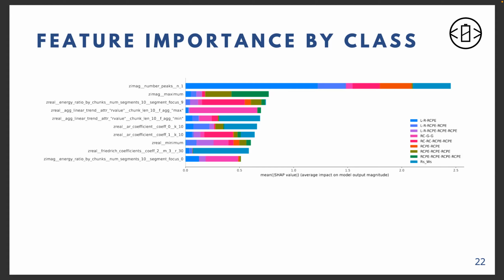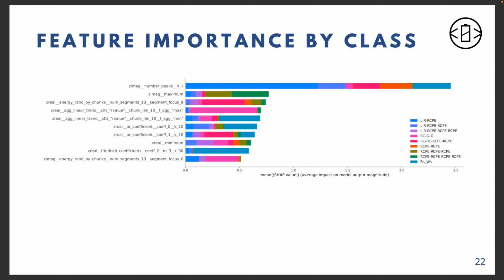The most important feature was the number of peaks in the Z imaginary portion of the spectra. From what Anushka showed, a peak in the Z imaginary spectra corresponds to a resistor and a capacitor in parallel. So each of those RCPE elements in an equivalent circuit should correspond to a relatively obvious peak in the Z imaginary space.